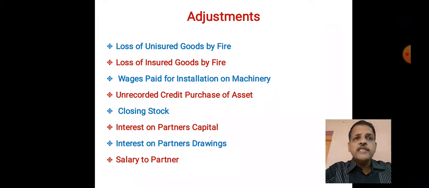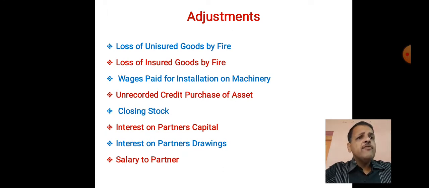Let us go towards next adjustment, wages paid for installation of machinery. Now when we are incurring wages for installation of machinery and they are included in the wages, what we have to do is deduct that wages from trading account debit side and add to the machinery on balance sheet asset side.